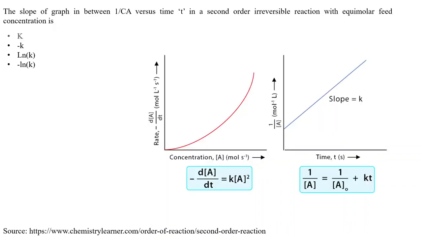So we come here. Here we have been given the concentration versus the rate on the graph right here. And then next we have the time versus the concentration graph or the 1 by A graph. Whenever you want to practically define the order of a reaction, we only have two parameters, that is concentration and time.